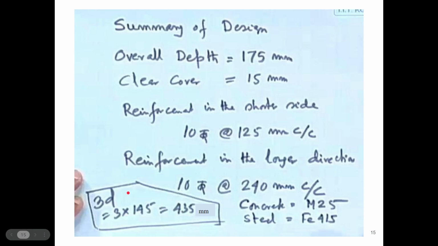So it should be lesser than the calculated value, 300 or the 3D value, which comes to be 435. So our conditions are satisfied if we take spacing of 125 and 240 millimeter, right? As per this, our conditions are satisfied, and the design is correct. It is satisfying all the conditions. So that's how we have to design.